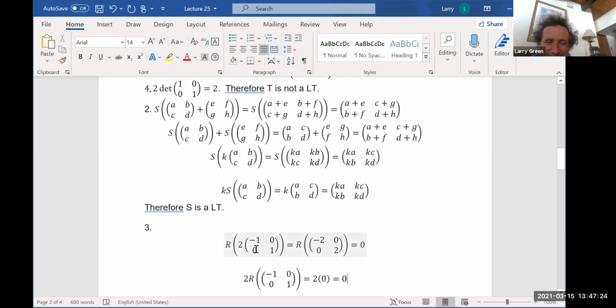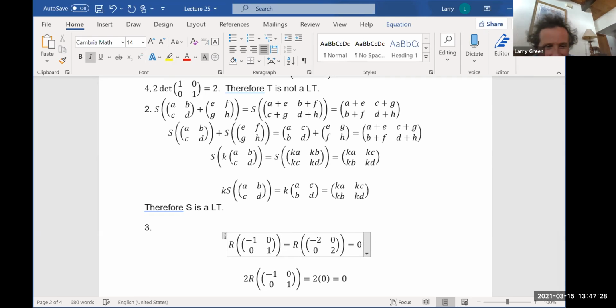Okay. So let's do it in general. And just because I have it here, I'm going to do the second one first. So K, A, B, C, D. And that's equal to KA, KB, KC, KD.